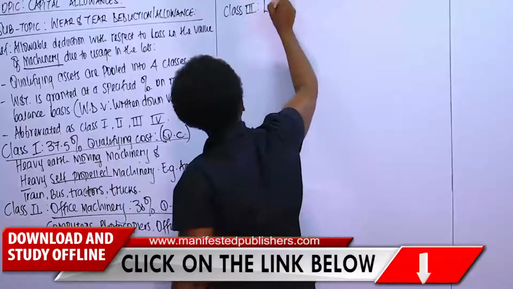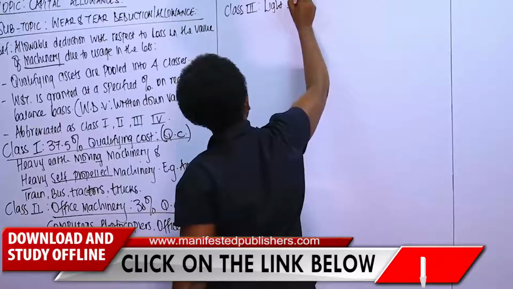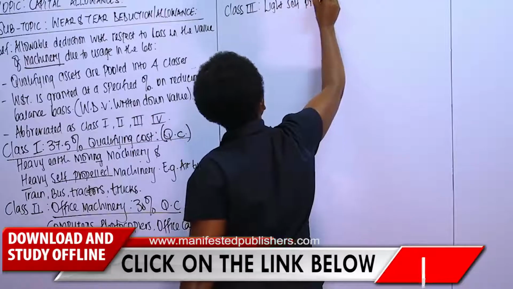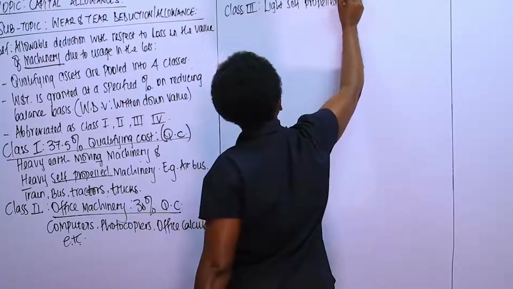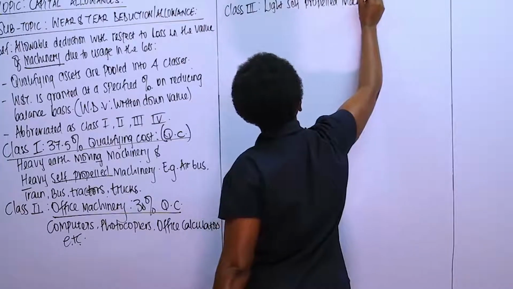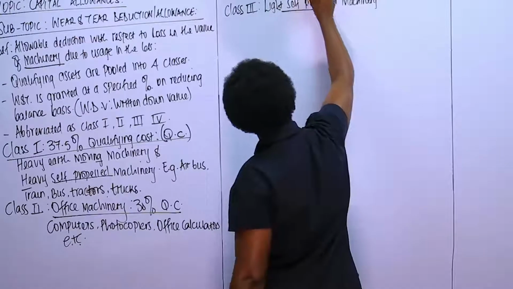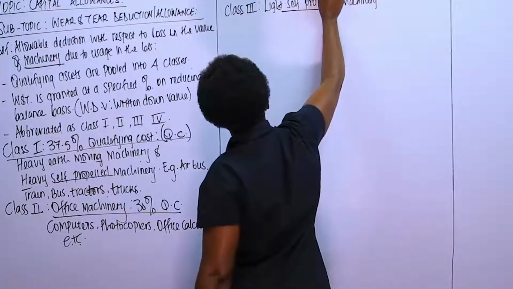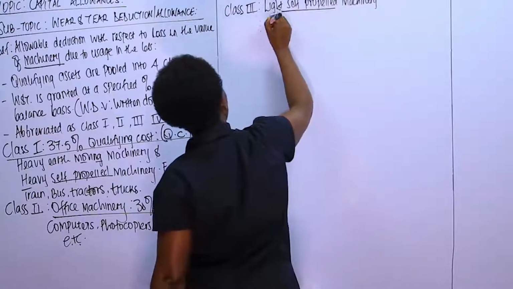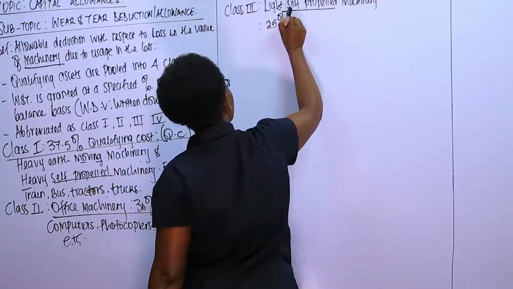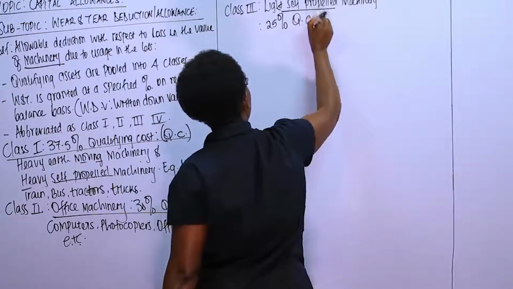This is for light, self-propelled machinery. Again, that word, self-propelled, meaning that it has an engine, and the rate is 25% of the qualifying cost.